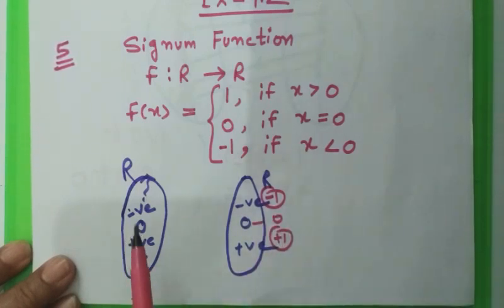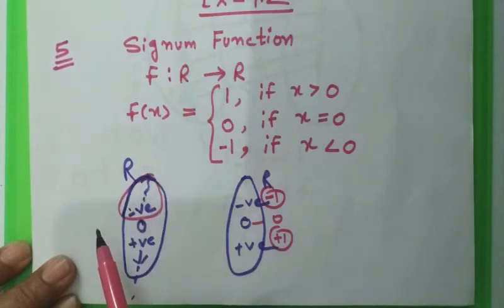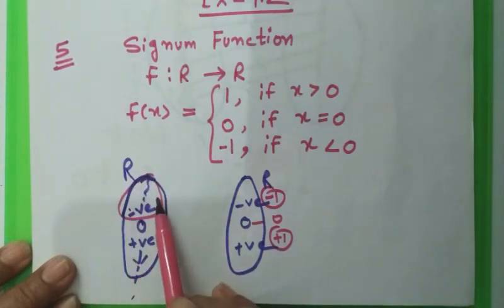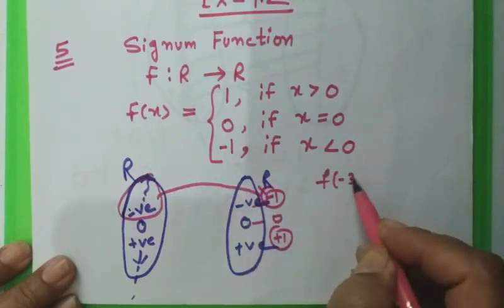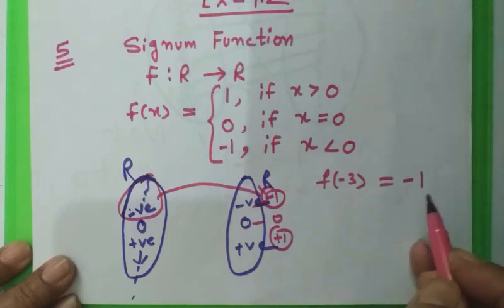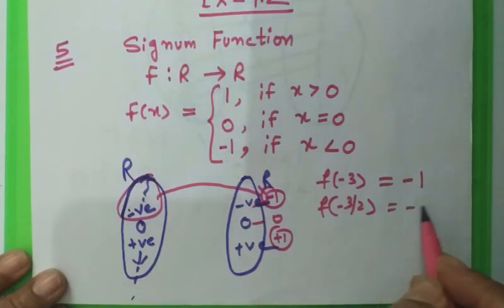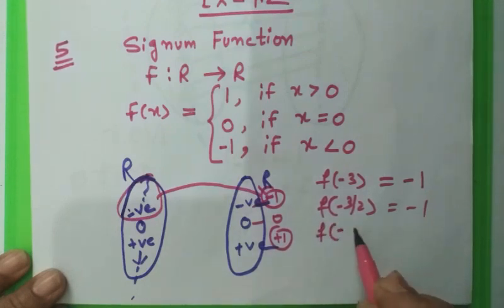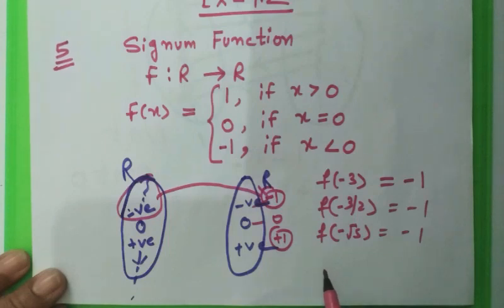So what this function is doing is, all negative real numbers, no matter what, are mapped to -1. That is, if you take -3, it is mapped to -1. If you take -3/2, it is also mapped to -1. If you take -root 5, it is mapped to -1, and so on, and the list is endless. So all negative reals have been mapped to -1.